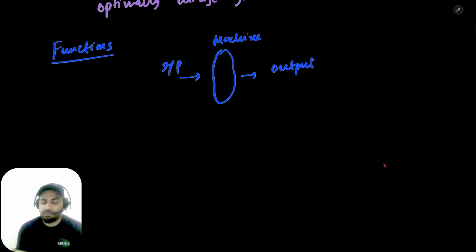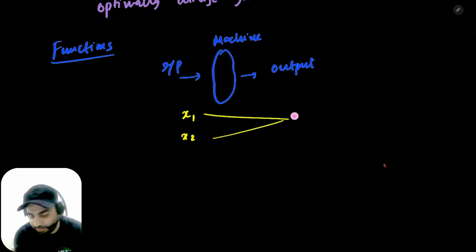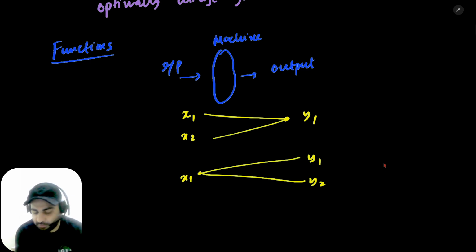Here, if you have multiple inputs, let's suppose I have inputs x1 and x2, maybe they can have a similar output, for example y1. But the reverse is not true. You cannot have, for example, y1 and y2 over here, both mapped to x1. So this is not a function.